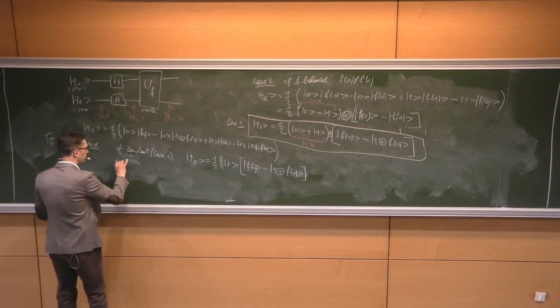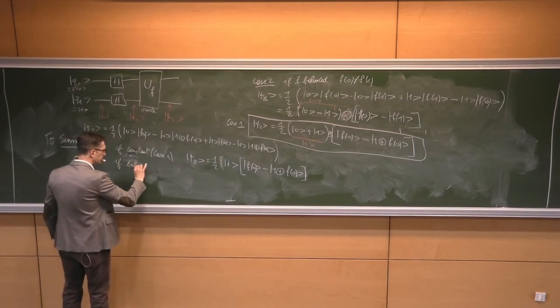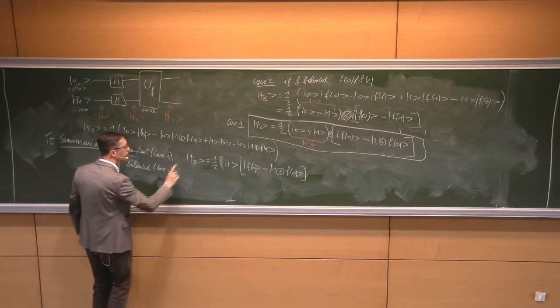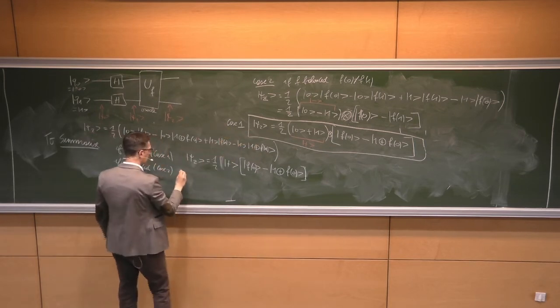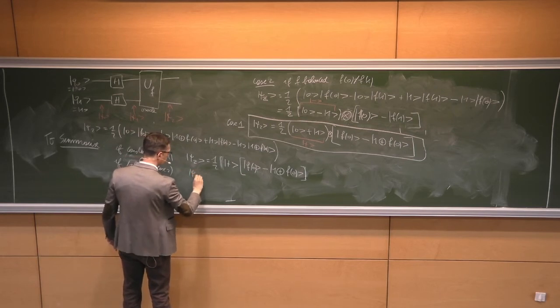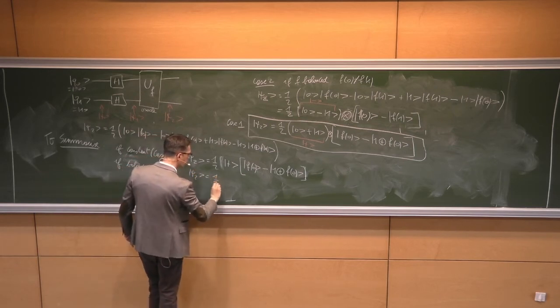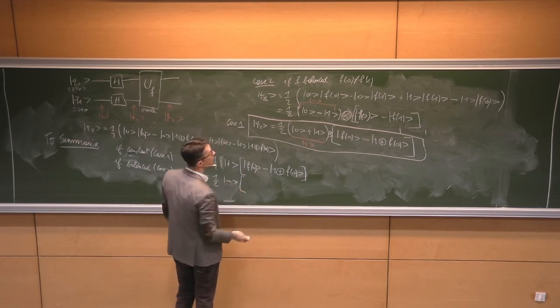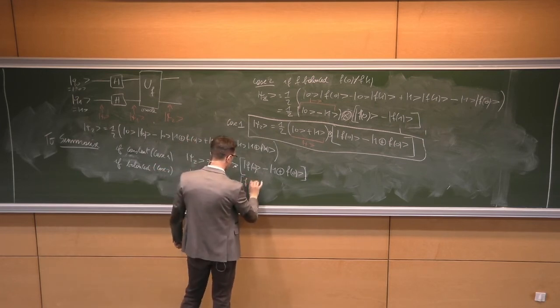And if balanced, this is case number 2, it's this one. I've got psi 2 equal to 1/2 minus, F0 minus F1.